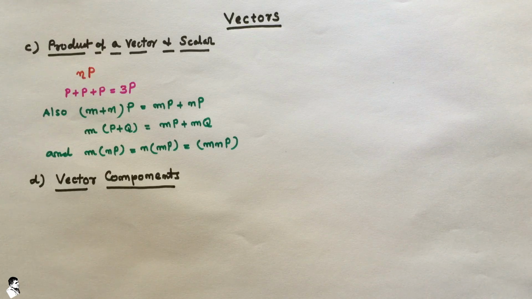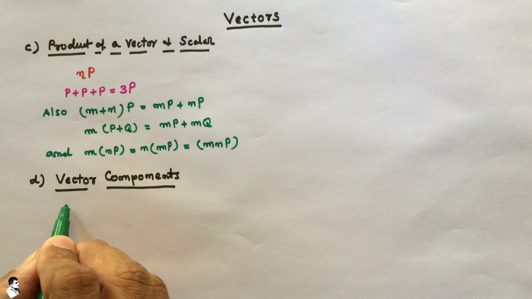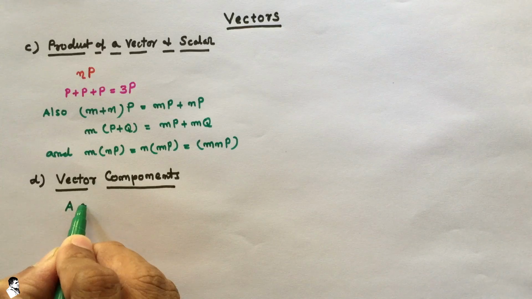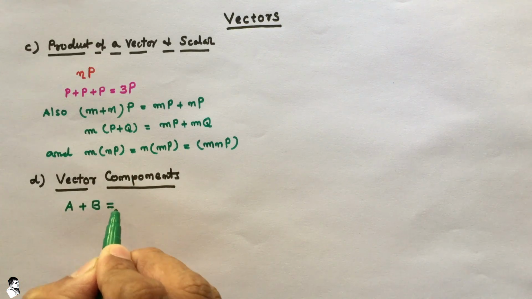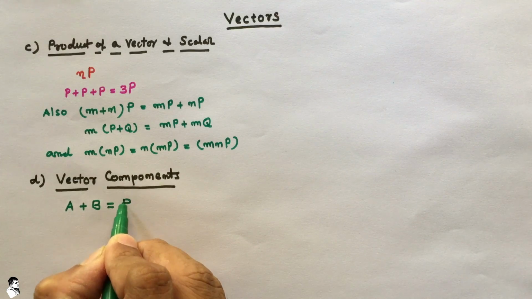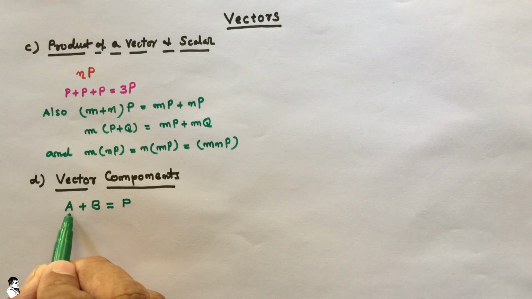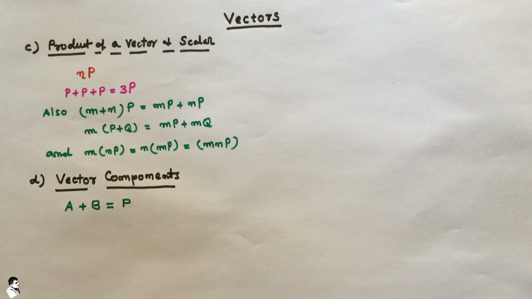The vectors whose summation is equal to vector P are known as the components of vector P. So if we have different vectors, let us say vector A and vector B, whose summation is equal to a vector P, then A and B are the components of vector P.